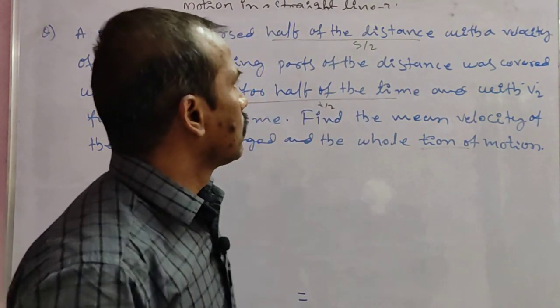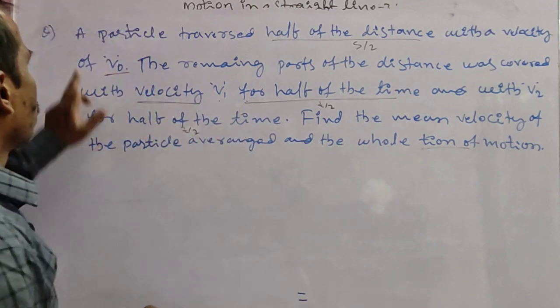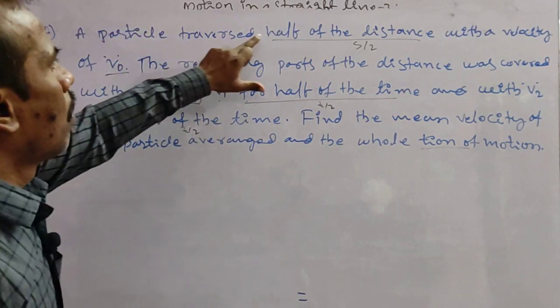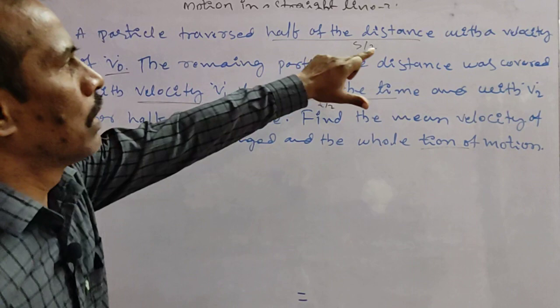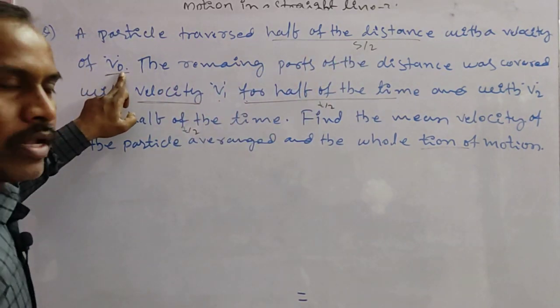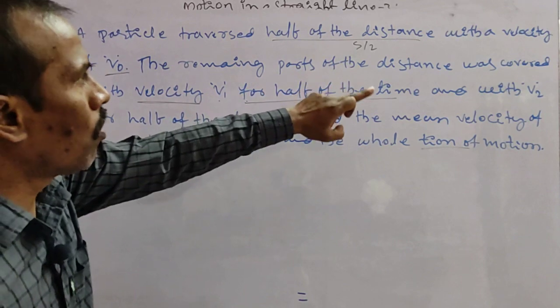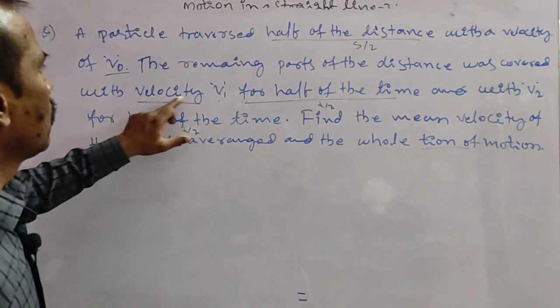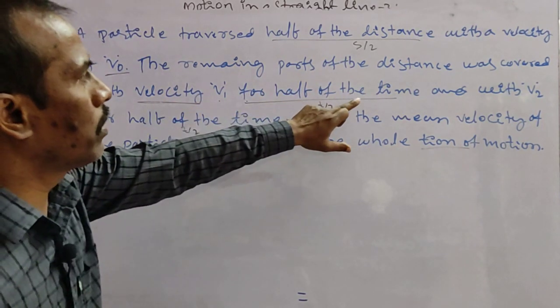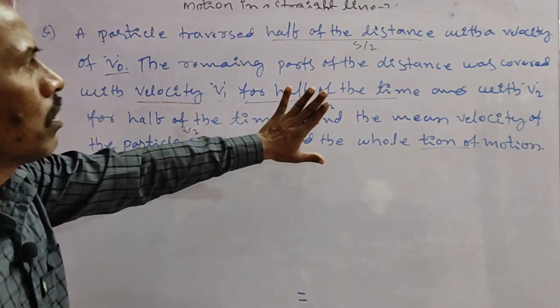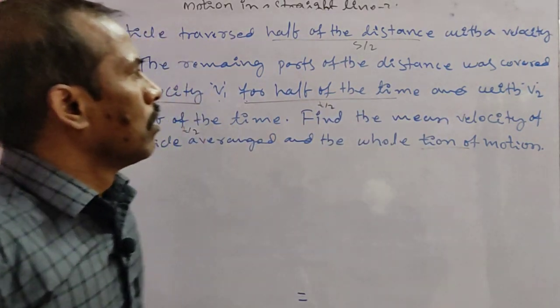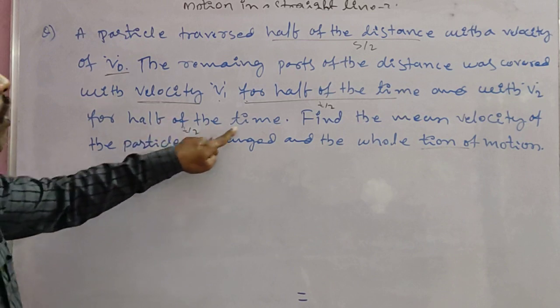Once again, listen: a particle traverses half of the distance with velocity v0. The remaining part of the distance was covered with velocity v1 for half of the time, and with v2 for the other half of the time.